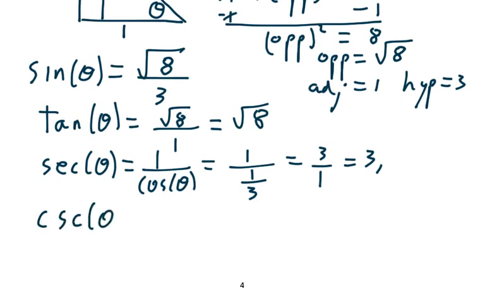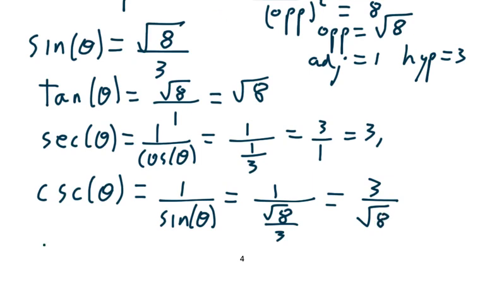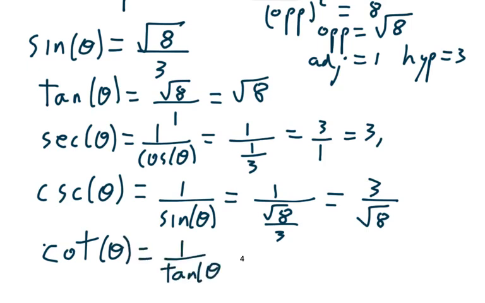Cosecant of theta is 1 over sine of theta, which here is 1 over radical 8 over 3, which is equal to 3 over radical 8. And finally, cotangent of theta is 1 over tangent, which is 1 over radical 8.